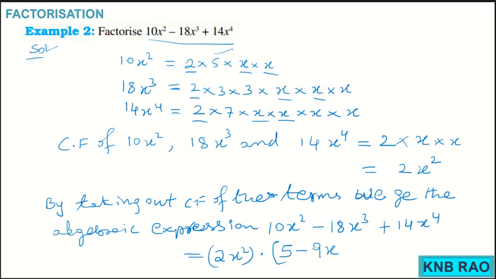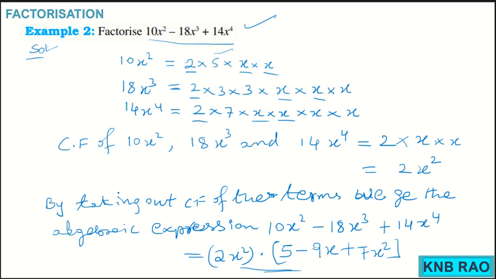So 7 into x becomes 7x square will be left over in the term 14x to the power 4. So this is the factorization of the given algebraic expression. So this is how we learnt the first technique, children.